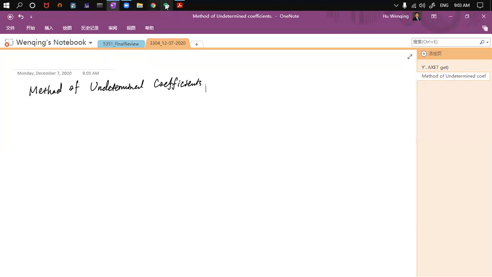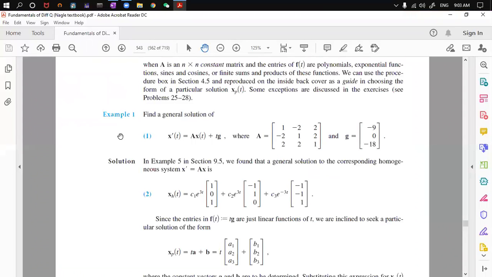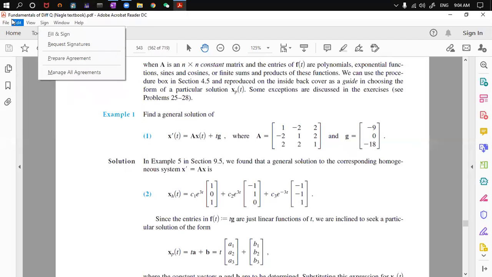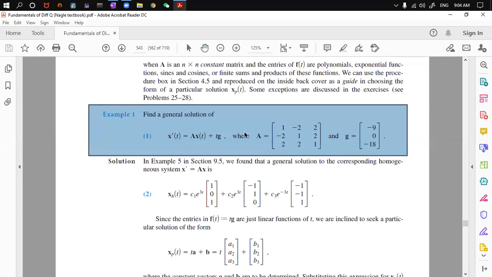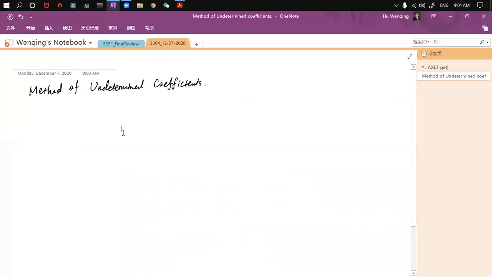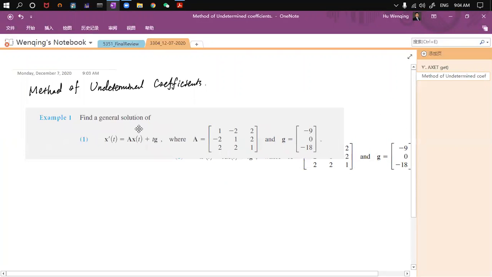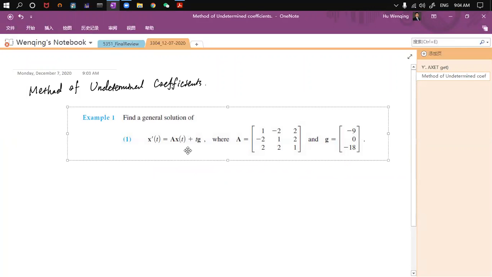To that end, we're going to look at an example from our textbook. The example is to find a general solution of this system.